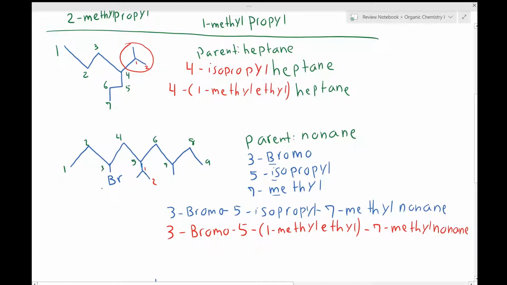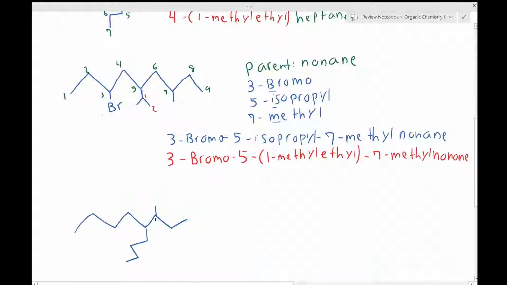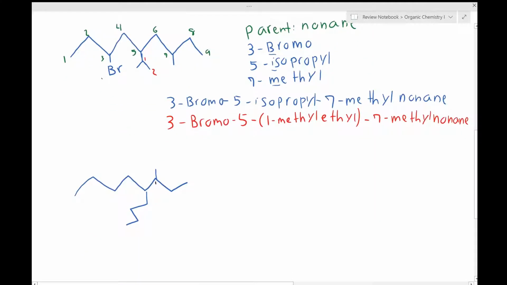Not so bad, right? We got 2 or 3 more examples to run through here. Start by counting our carbons again. To find our parent, we can go 1, 2, 3, 4, 5. The longest chain would be going down, 6, 7, 8, 9. Again, our parent is a nonane.